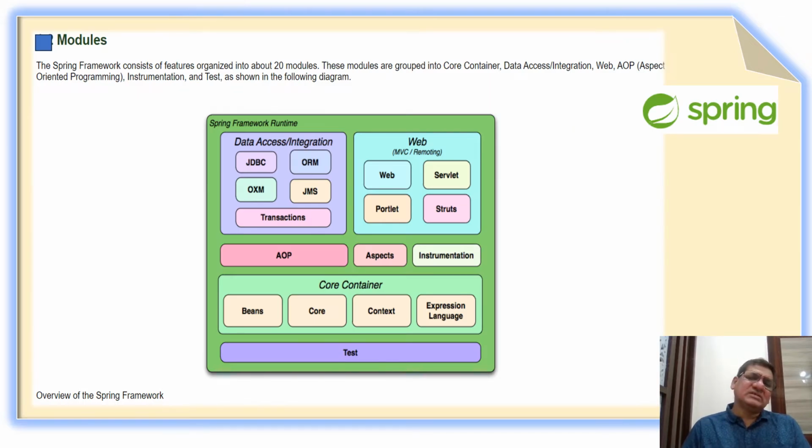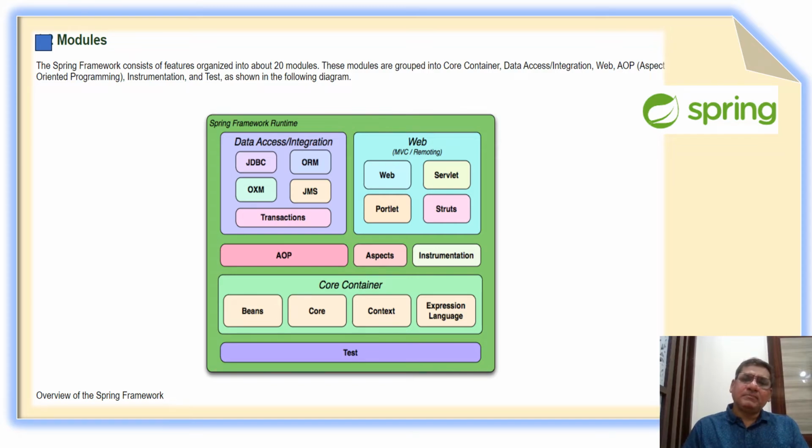On the screen, you can see the overview of Spring Framework. It has different modules. Spring Framework has data access integration module, web module, AOP module, aspects module, instrumentation module, core container, and test modules. If you see the core container, we'll talk about the core container module.